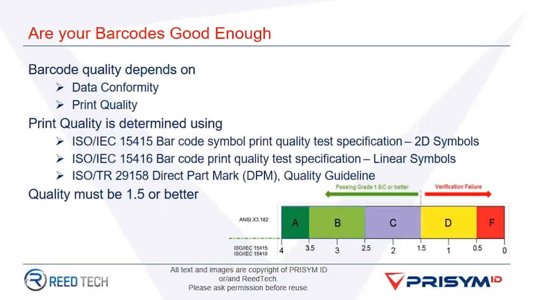The ability to read a barcode in a nice, clean production environment with a well-maintained scanner is a very different situation to reading the barcode on a box in a busy distribution center. For this, you require a barcode verifier rather than just a barcode reader. A barcode verifier will not only read the barcode, but also give you a grading to determine whether it meets the quality required by these regulations.